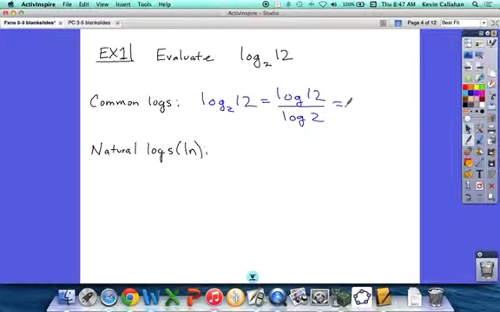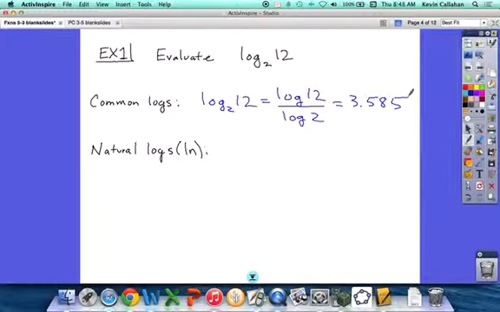Make sure when you put logarithms in the calculator, it pops up a left parenthesis. You need to close it off. So I got to close it off and do divided by log of 2. 3.5849, I'll call it 3.585.